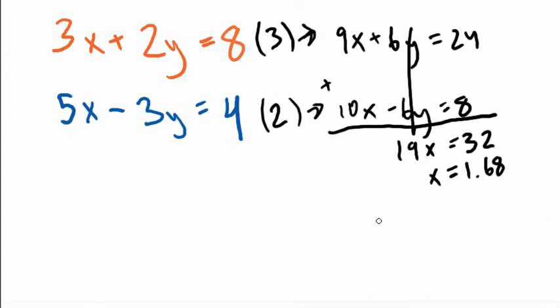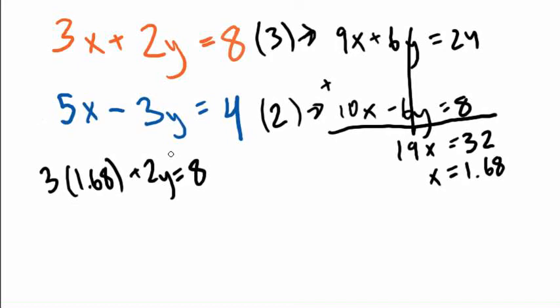So now I can pretty much do the same second step as last time. I can take my x, plug it into one of my equations here to solve for y. And I think I'm going to use my top equation again. 5 plus 2y equals 8.